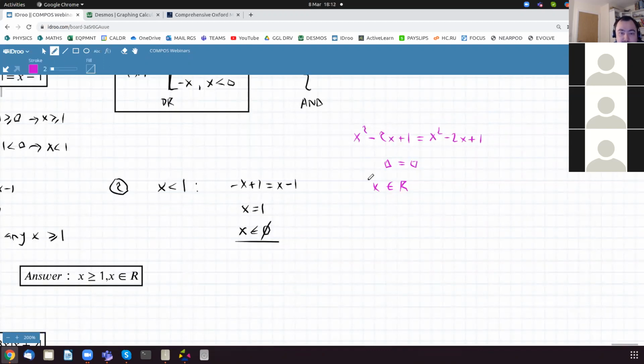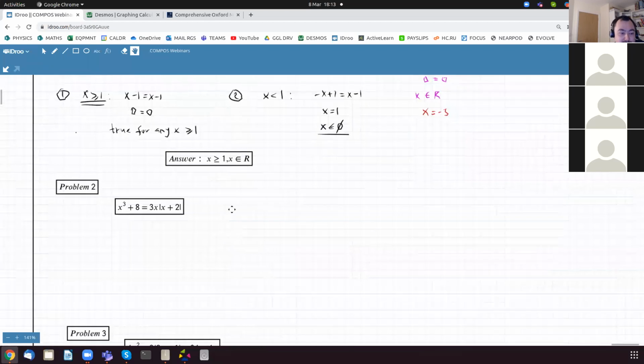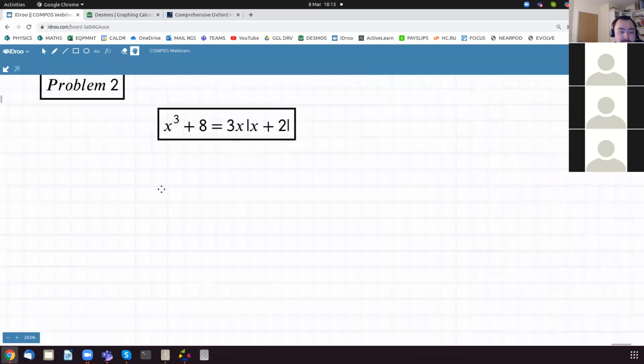If you take x equals minus 3, it will work. This is true for x equals minus 3, but the original equation is not. Therefore, squaring doesn't work here. In most cases, squaring works, but here it's not. And sometimes squaring is just awkward.